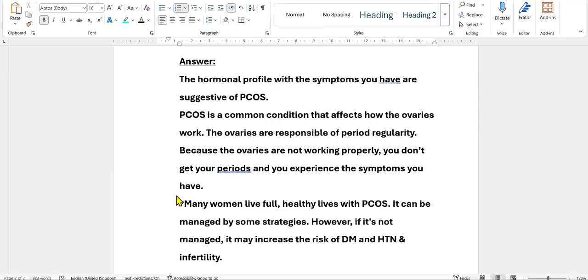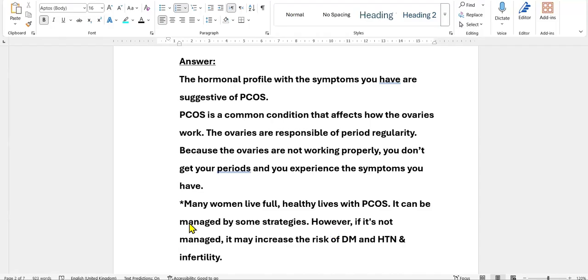You can tell her, well, polycystic ovarian syndrome is a condition that affects the ovaries, in which the ovaries are not working very well, causing some abnormality in the hormones. This abnormality affected your ability to get your period and the symptoms that you have as well.